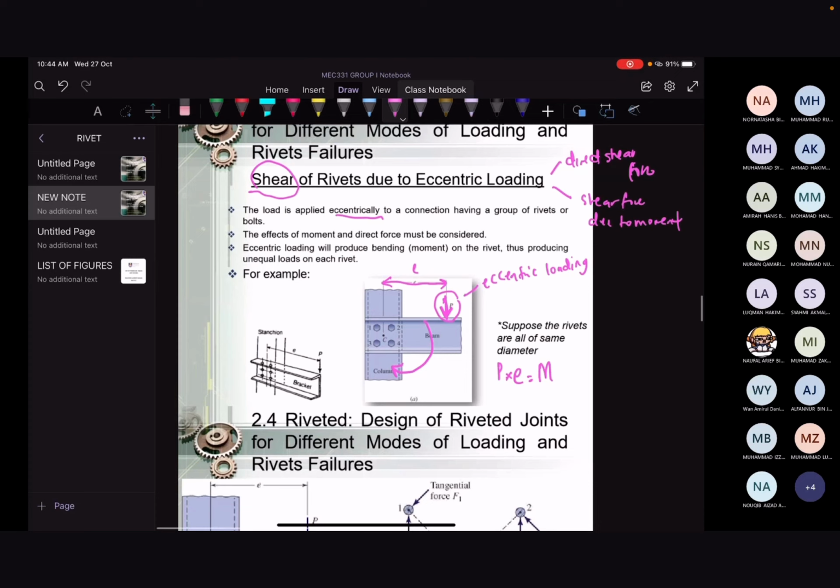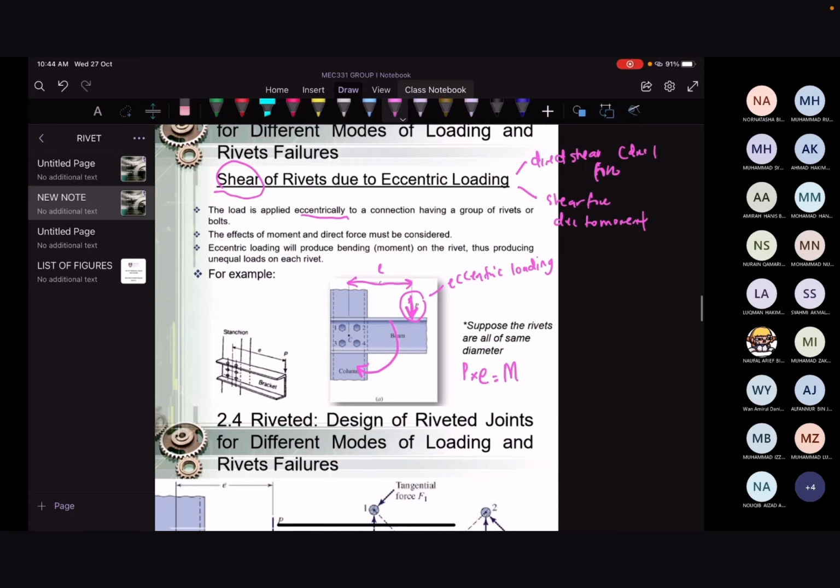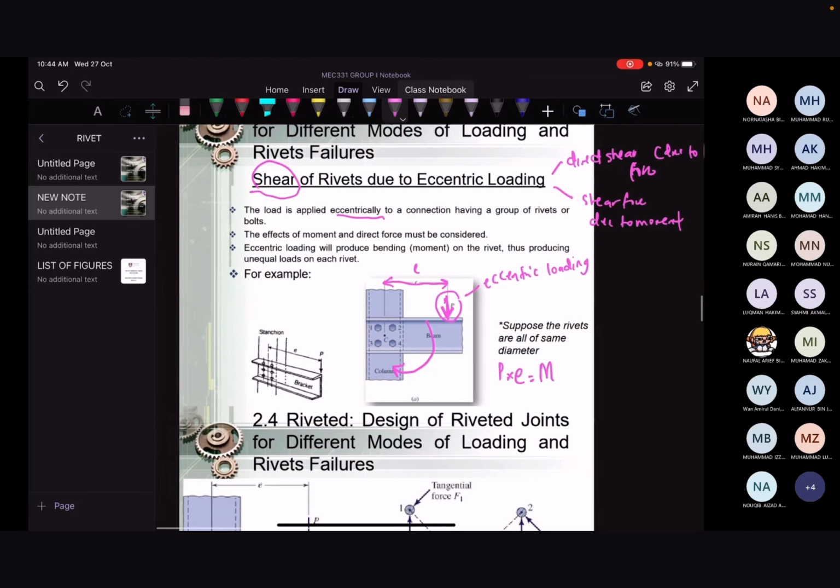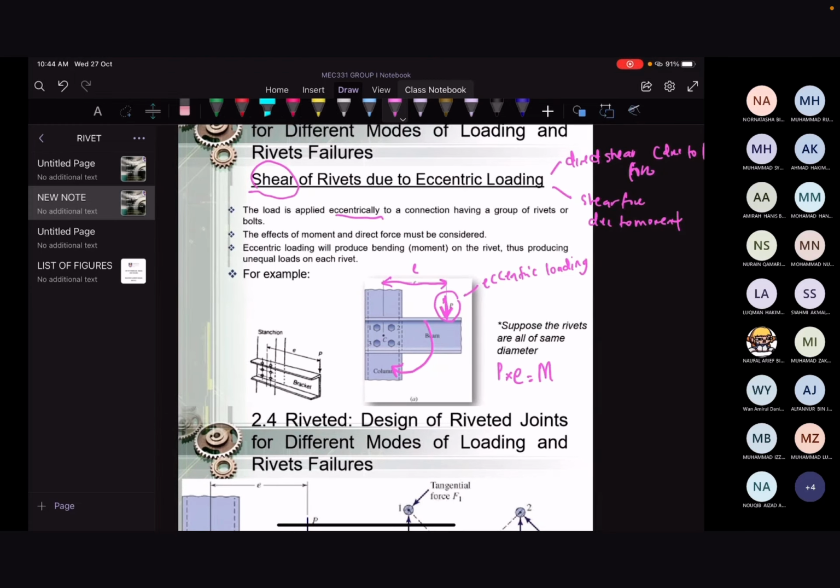The direct shear force is due to P. Later, when we draw the free body diagram, you will see it more clearly. Eccentric loading will produce moment on the rivet, thus producing unequal loads on each rivet. You will see it more clearly when we do the calculation later.